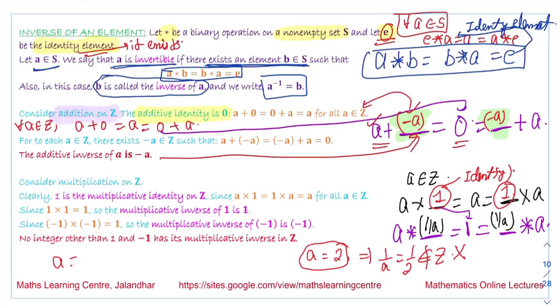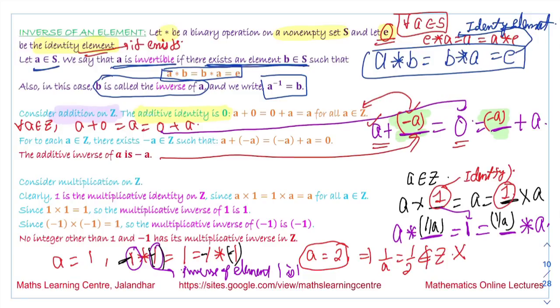Now if we are taking A is equal to 1, then we have 1 into 1 is equal to 1 is equal to 1 into 1. So the inverse of element 1 is 1. If we are talking about the number say minus 1, then we are saying minus 1 into minus 1 will be equal to 1.